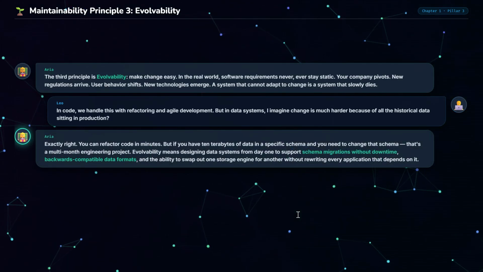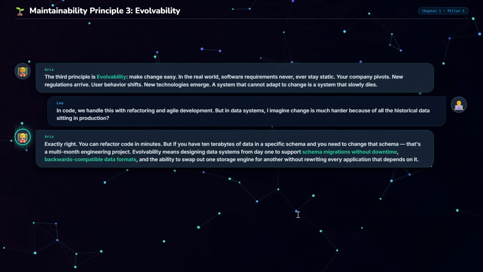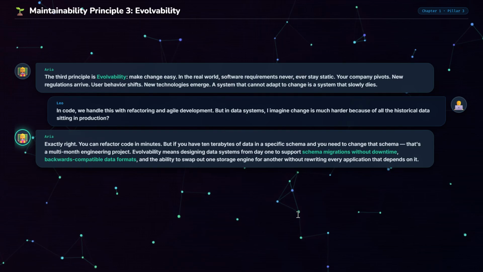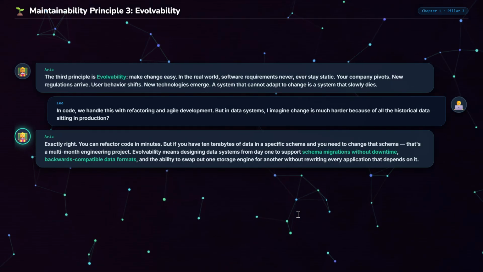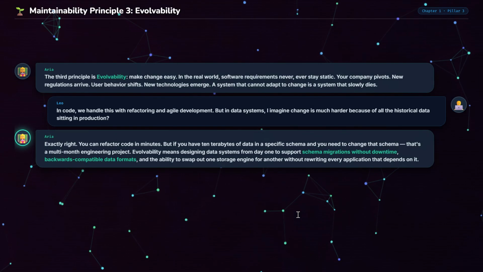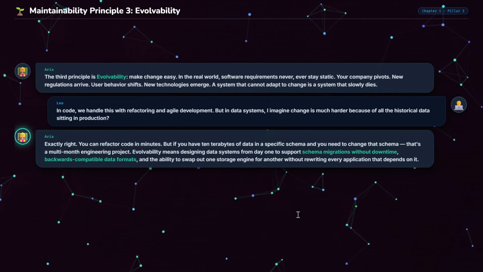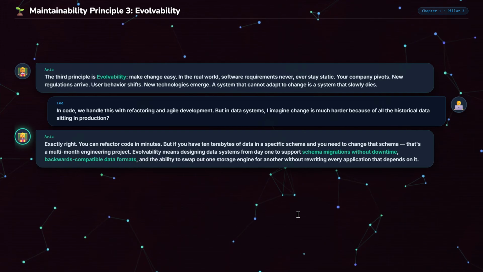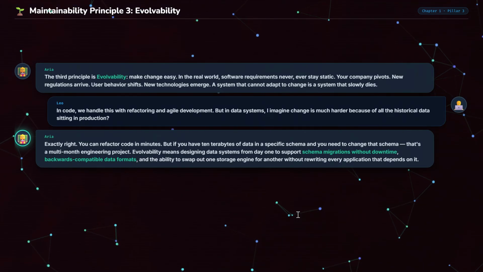You are exactly right. And this is the insight that takes years to truly internalize. You can refactor application code in an afternoon. But if you have 10 terabytes of data in a specific schema and business requirements change such that you need to restructure that schema, that is potentially a multi-month engineering project requiring careful coordination, staged migrations, and backward compatibility windows.